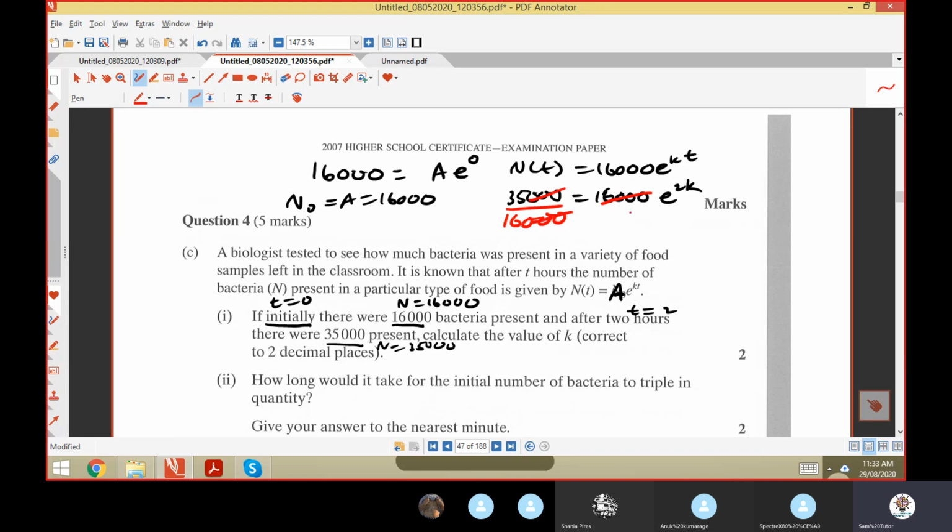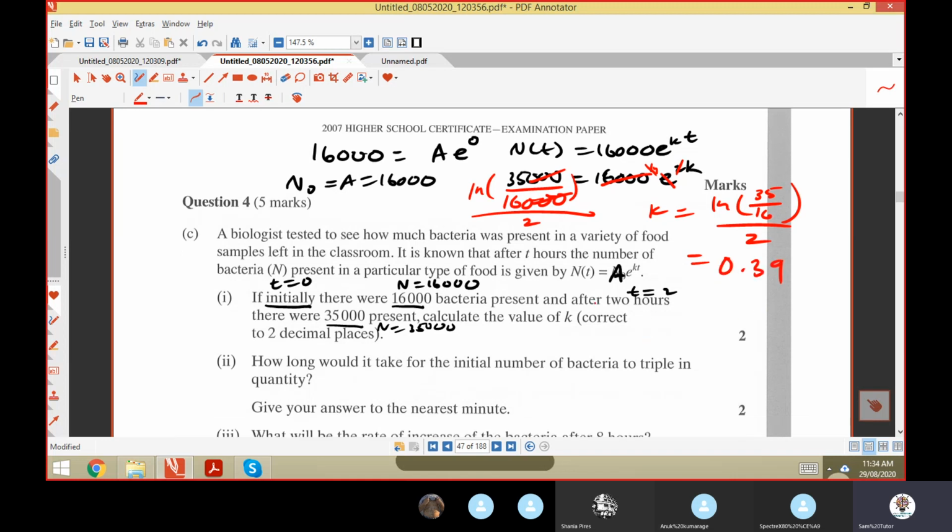Log both sides, divide by 2. So K should become, I think, log of 35 on 16, on 2. It says corrected to 2 dp. 0.39.